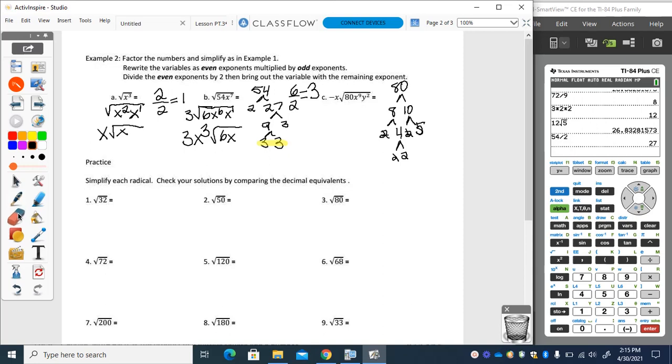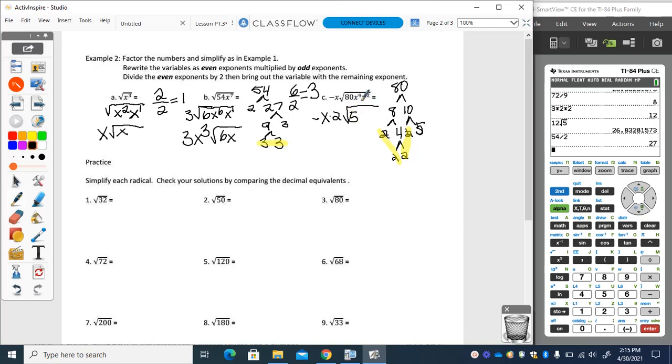And then let's see what numbers match. Let's go from left to right. We got 2 and 2, so we know we have one set of 2s. And we got 2 and 2, so we got 2 sets of 2. So 2 times 2. So we have negative x times 2 times the square root of what's left inside of that prime factorization, 5.